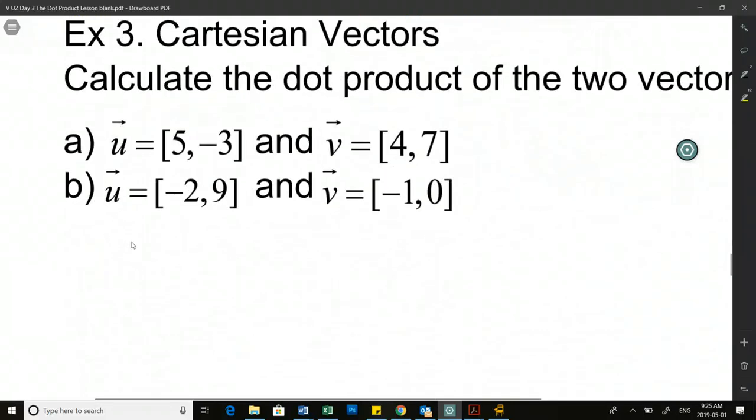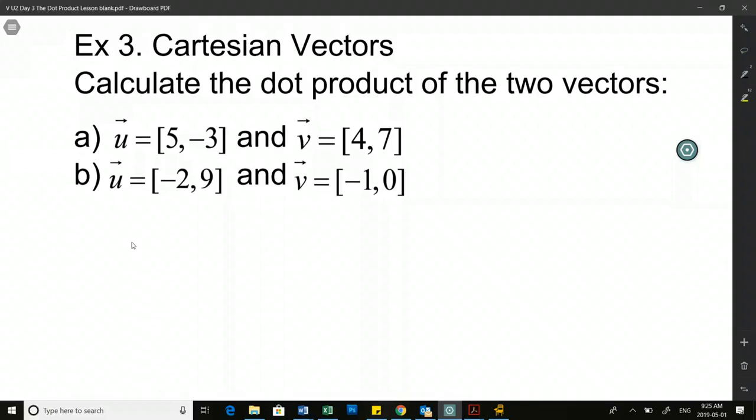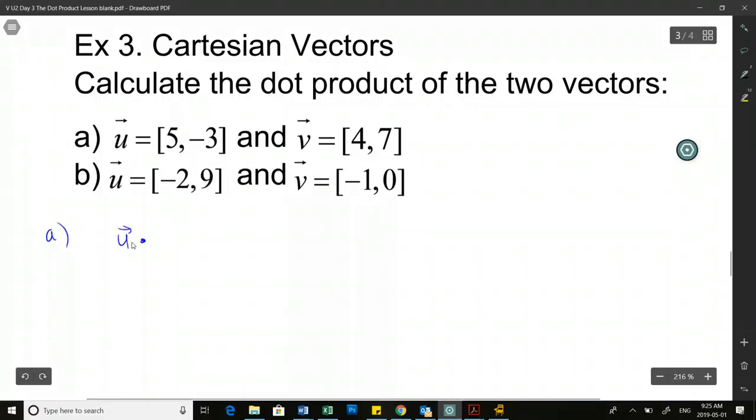Okay. Cartesian, how do we use this in Cartesian vectors? Okay. So we are going to calculate here u dot v. Again, order does not matter. I can say u dot v or v dot u. We'll get the same answer.